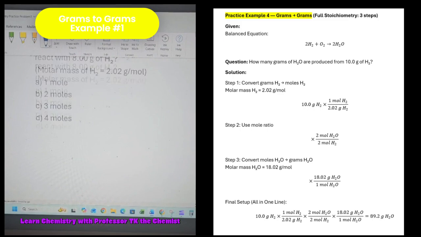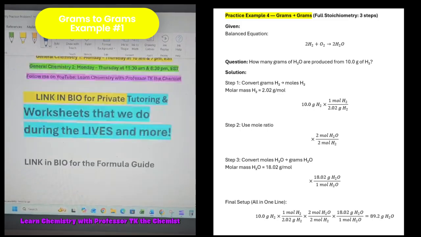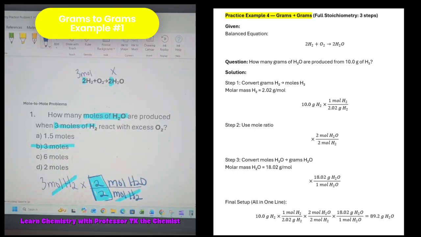So this is a 3-step problem. Up here, let me put the steps so that you all know what I'm talking about. Mole to mole, 1 step.